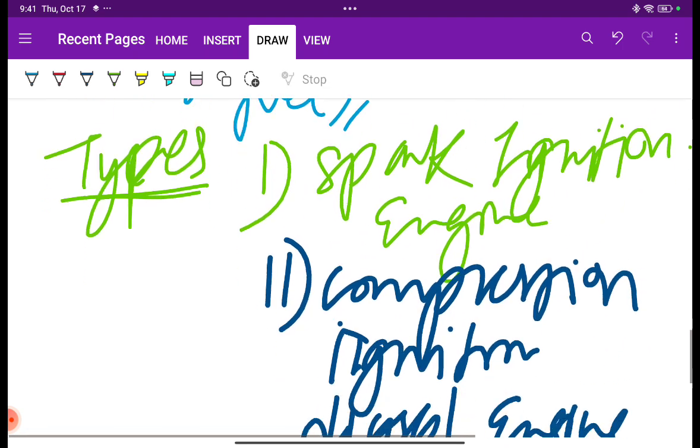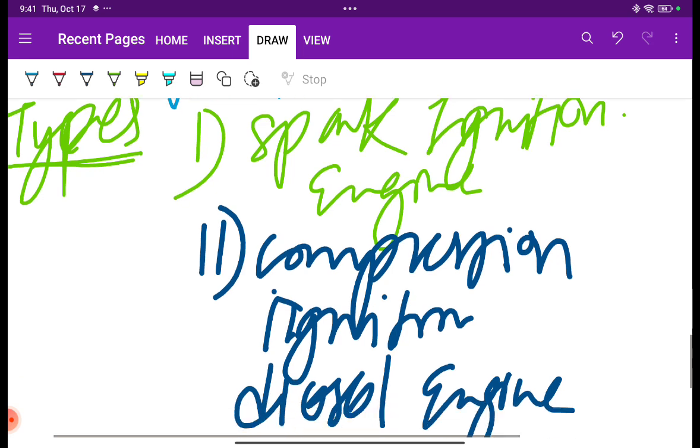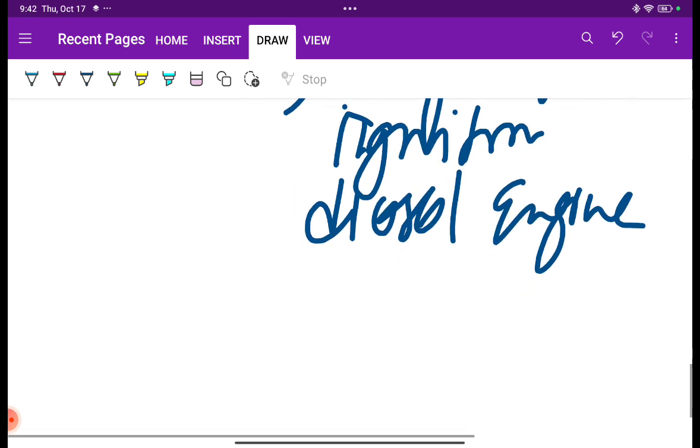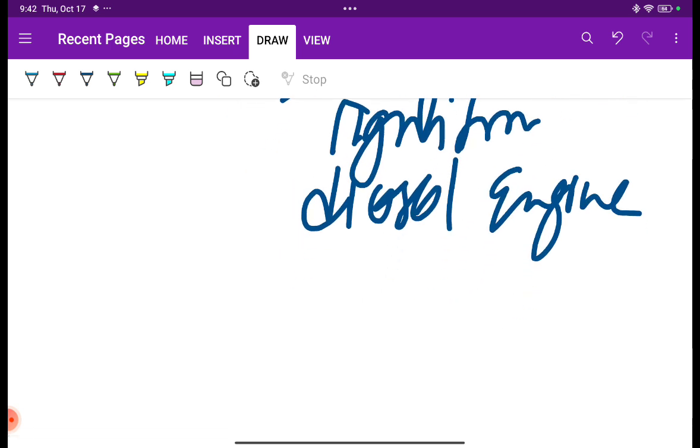So IC engine are two type: spark ignition engine and compression ignition diesel engine. So basically IC engines is mainly used in vehicles, generators and industries. So what we see in the vehicles engine, main engine are basically IC engines, and these are of two types: spark ignition engine and compression ignition engine, or in short we can say SI engine and CI engine.